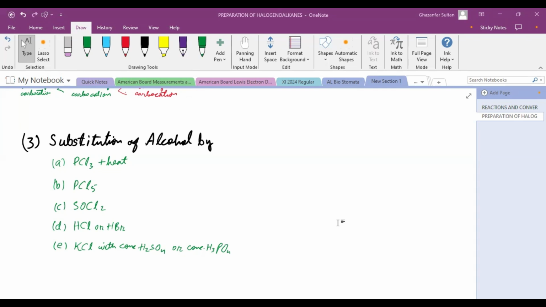So it can be carried out by any of these reagents.